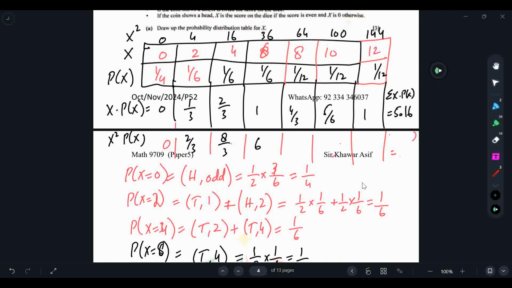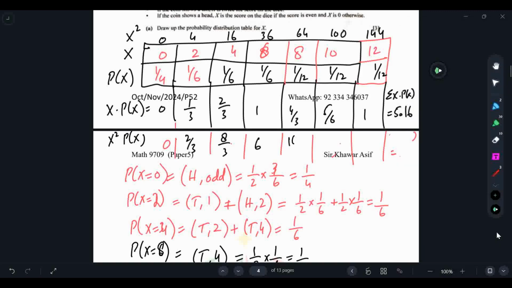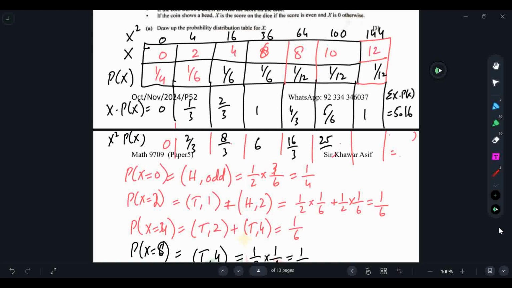Then 64 into 1 by 12, so this will be 16 by 3. And 100 into 1 by 12, 25 by 3. Then 144 into 1 by 12.